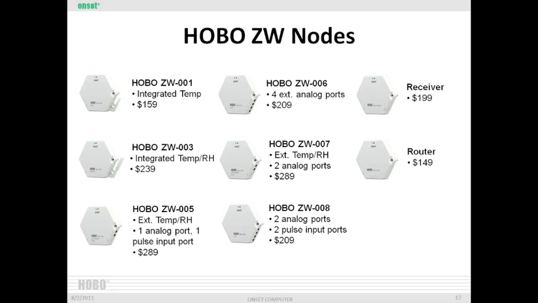So you can actually plug in, if you have a watt node kilowatt-hour transducer or our Veris E50 V2 power meter, you can take the pulses, or even off of a flow sensor, you can take the pulses off of that and record that information as well. So as you can see, we have the integrated sensors that have the built-in temperature and humidity, and then we give you some flexibility with both the analog and pulse inputs to connect up the different sensors.